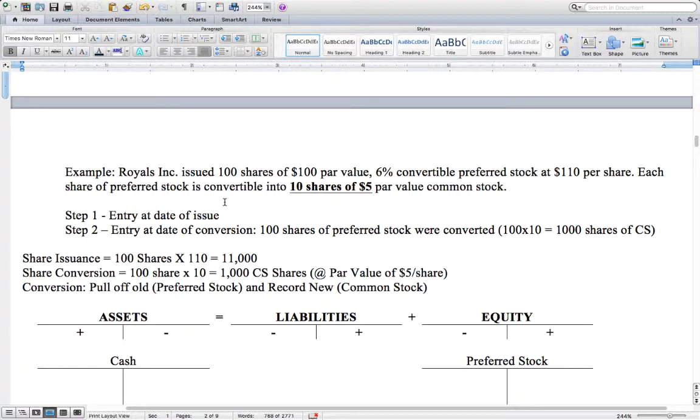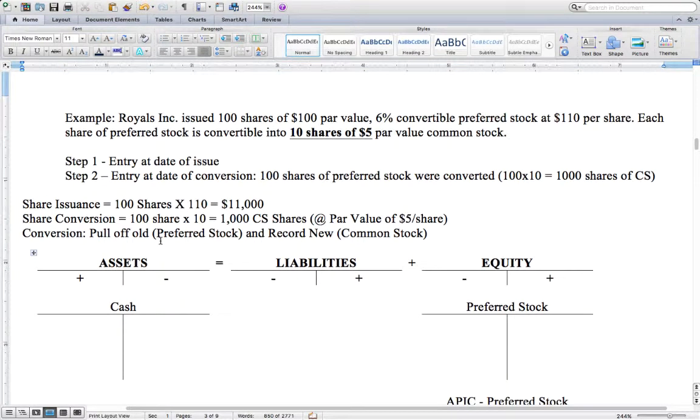Your first step is to record the entry at the date of issuance. The shares at issuance is 11,000, which is the 100 shares times $110 per share. That is the dollar amount of the share issuance.